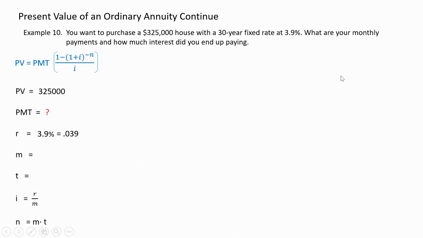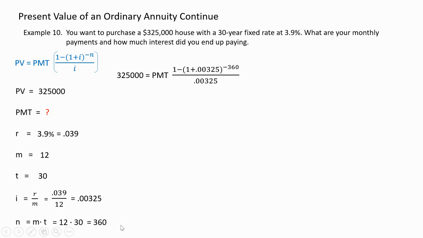The m will be monthly payments, so it's going to be 12. The time will be 30 years. So the i will be r, 0.039 divided by 12, which gives us 0.00325. And the n will be m times t, which is 12 times 30, which is 360.